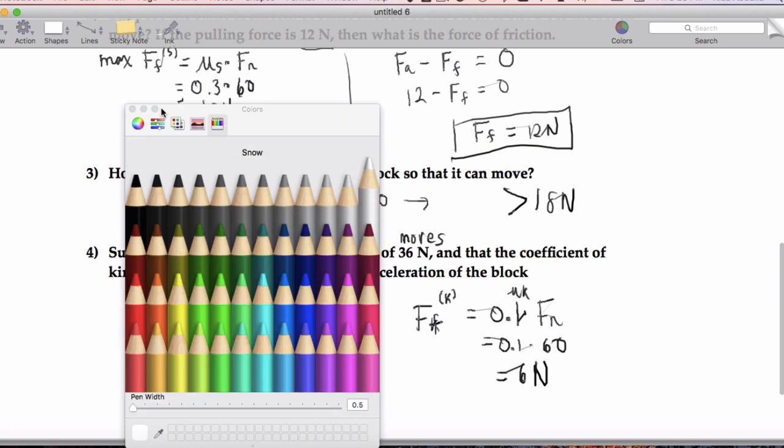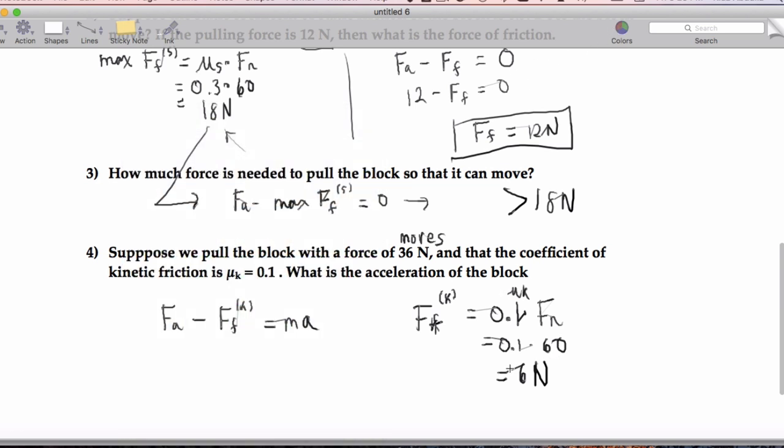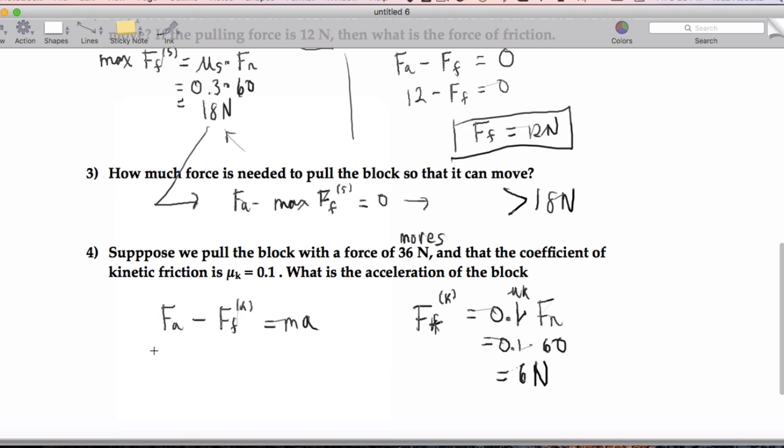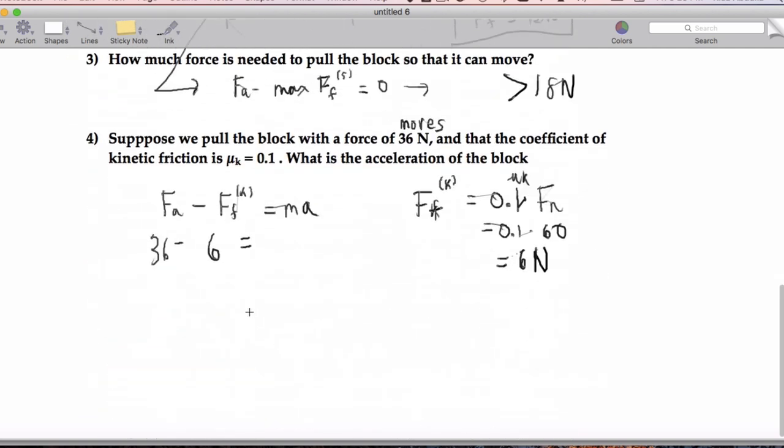Using that in the equation on the left, the 36 newton force fights the 6 newton force, and the effect is that our 6 kilogram block accelerates.